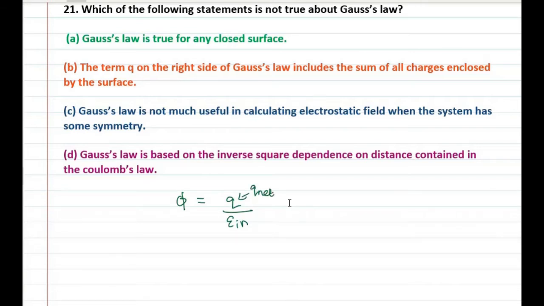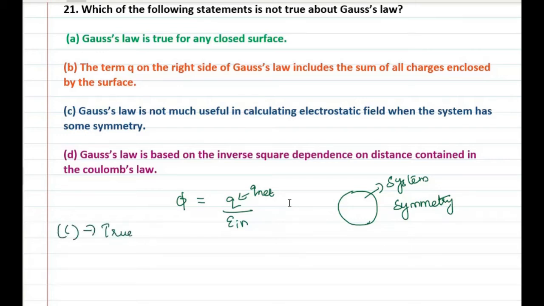Then, Gauss law is not much useful in calculating the electrostatic field when the system has some symmetry. You can apply Gauss law only when the system has symmetry. Here they have given that Gauss law is not much useful when the system has symmetry, so option C is not a true one.